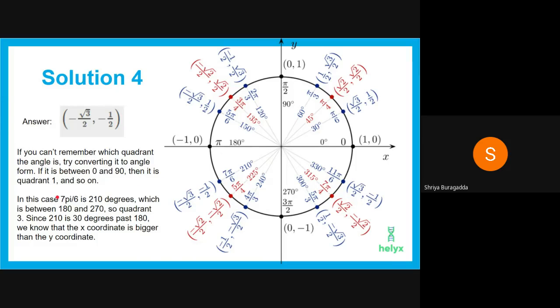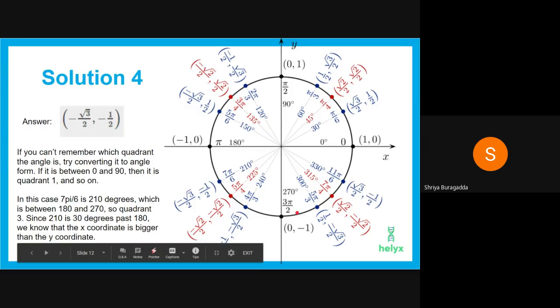I added some things here, so if you can't remember what quadrant the angle's in, try converting it to degrees. If it's between 0 and 90, then it's quadrant 1 and so on. In this case, 7 pi over 6 is 210 degrees, which is between 180 and 270, so quadrant 3. Since 210 is 30 degrees past 180, we know that the x-coordinate is bigger than the y-coordinate.